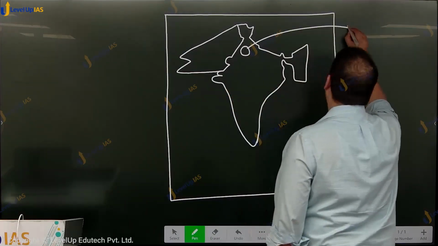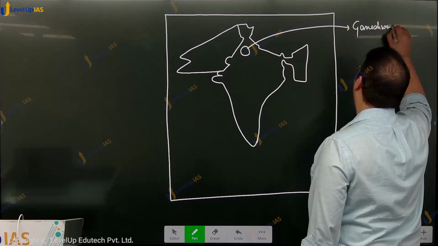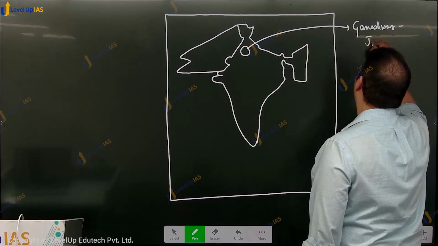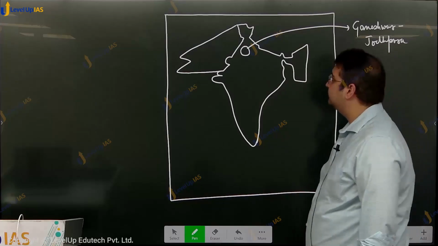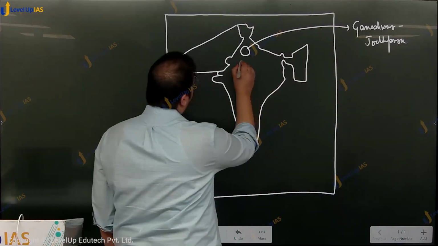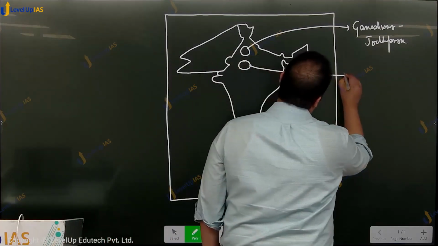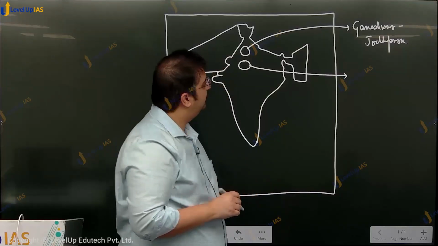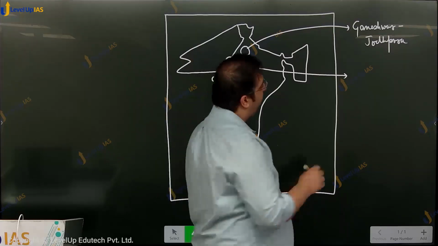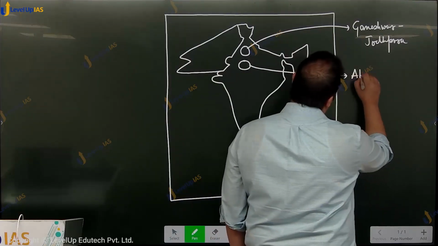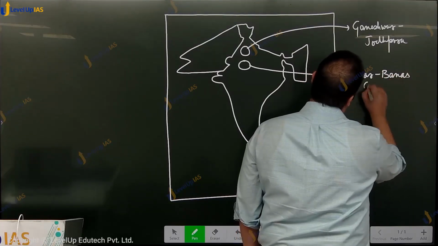Here, a culture known as the Ganeshwar-Jodhpura culture flourished. In southeastern Rajasthan, in the Udaipur Rajsamand district areas, along the valley of the Ahar river, the Ahar-Banas culture flourished.